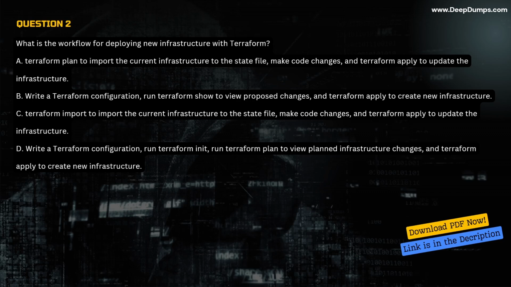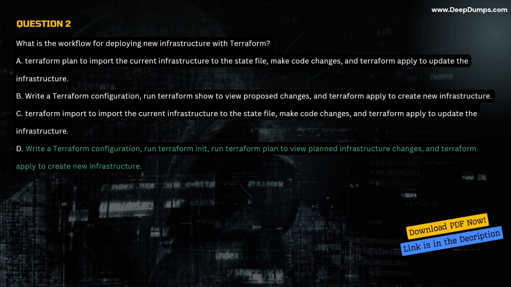C. Terraform import to import the current infrastructure to the state file, make code changes, and Terraform apply to update the infrastructure. D. Write a Terraform configuration, run Terraform init, run Terraform plan to view planned infrastructure changes, and Terraform apply to create new infrastructure.